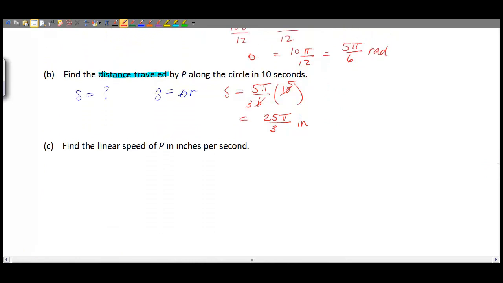Now the last part of this says, what is the linear speed? Linear speed was given by several different formulas.